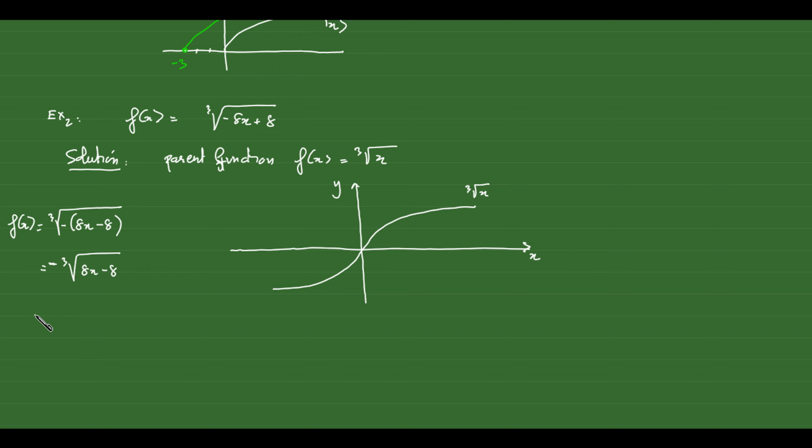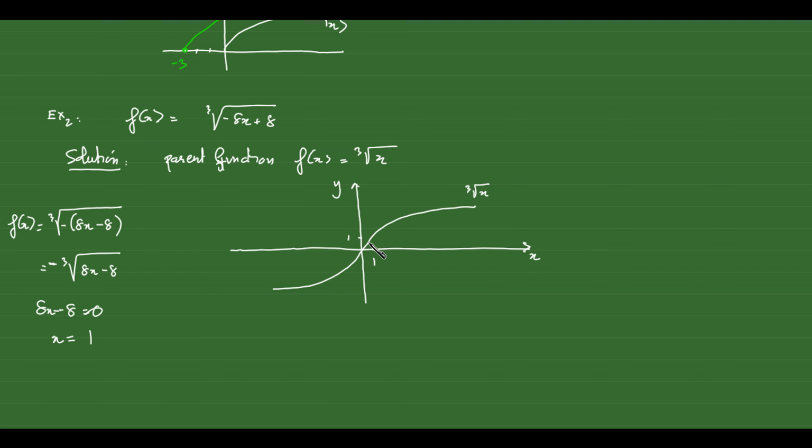Then how many units is it moved? Well, in order to calculate, we just solve this. It's going to move 1 unit to the right. So over here will be 1. The sketch of this graph will be something like this.